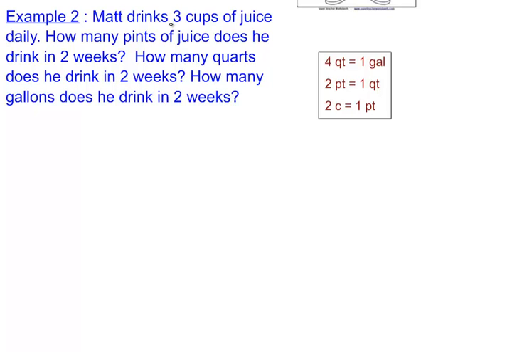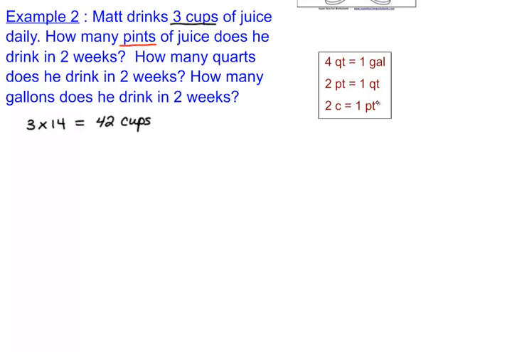So first of all, I want to figure out how many cups he drinks in 2 weeks. So basically we take 3 cups, and we're taking it times 14 because there's 14 days in 2 weeks. So he drinks 42 cups in 2 weeks. We're going to take that, and we're going to first change it to pints.